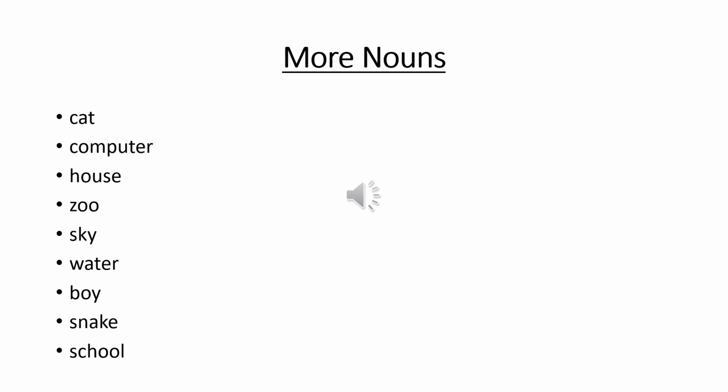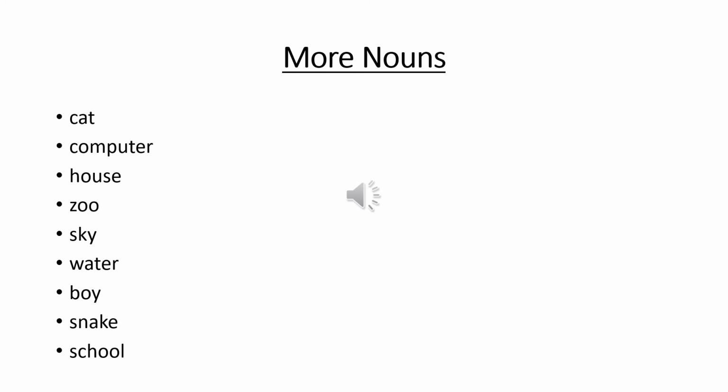Now the word cat. What kind of noun is it? It is an animal, okay? Computer. Yes, computer is a thing. House. House is a thing. Zoo. Now, zoo is a place where you can find many kinds of animals.